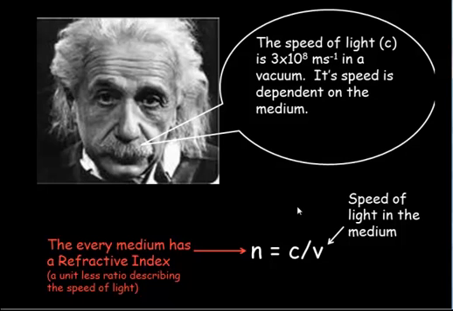Now, what happens here is, as we've got no medium where the speed of light is greater than the speed of light in a vacuum, the number that comes out is going to be from 1 upwards. And the slower that the light travels in the medium, the larger the refractive index of this medium.